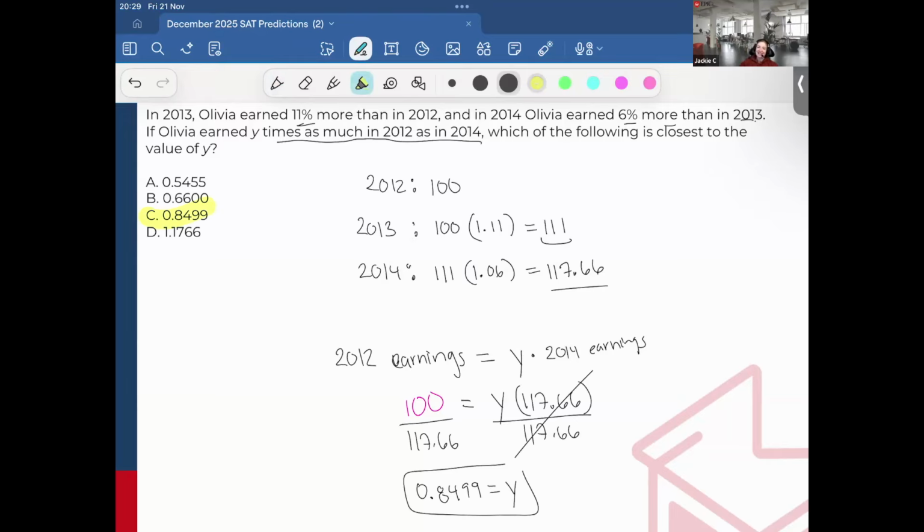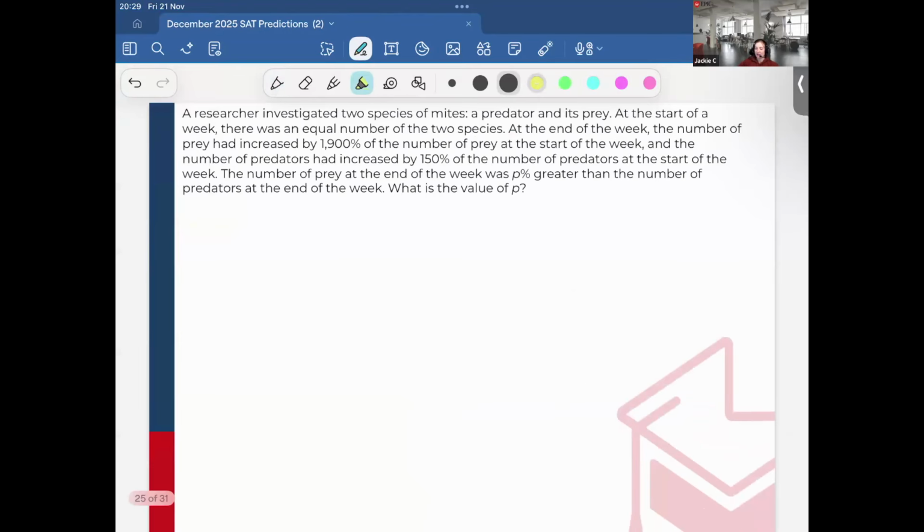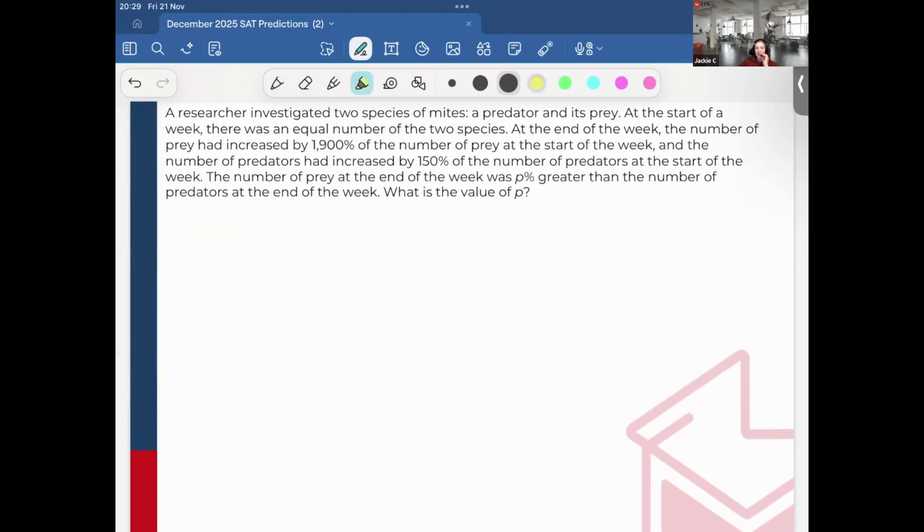Amazing. Okay, so let's also look at another one. Oh, SAT classic. A researcher investigated two species of mites, a predator and its prey. At the start of a week, there was an equal number of the two species. At the end of the week, the number of prey had increased by 1,900% of the prey at the start of the week, and the number of predators had increased by 150% of the number of predators at the start of the week.